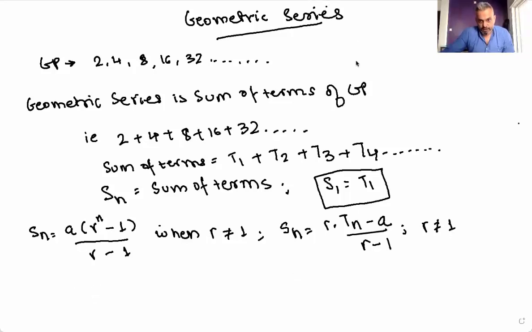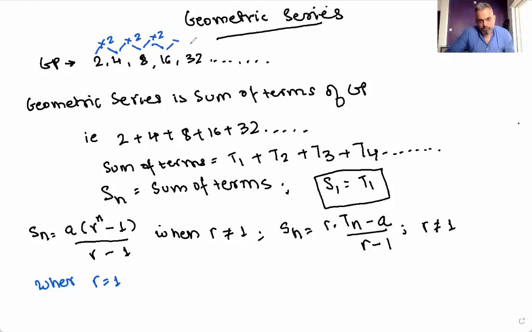Let's just change the color. So when R is equal to 1, now pay attention please, this is a tricky point. In a geometric progression we start with a number and we multiply with a constant: into 2, then again into 2, then again into 2.